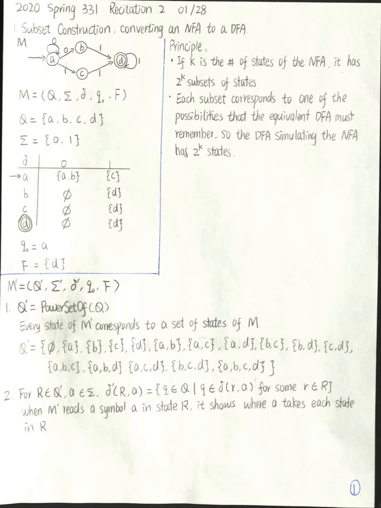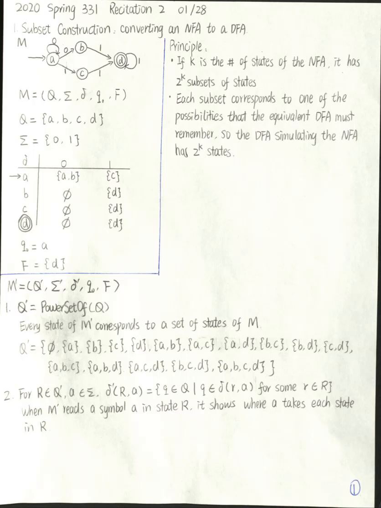That's the NFA. Now we want to convert this NFA to a DFA. We know by definition, a DFA is an NFA, a special case. For an NFA, the transition function takes a state to a set of states. That means starting from this state, reading this symbol, it can reach this many states.